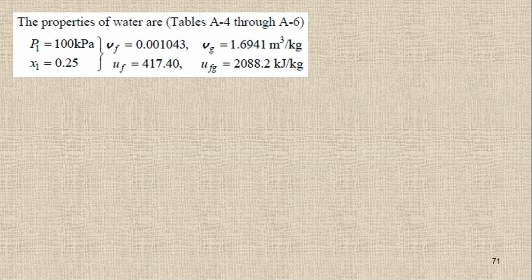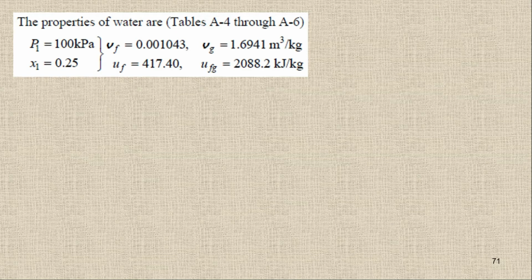VFG or UFG are actually the differences, UG minus UF and VG minus VF. In the case of volume, the difference is very small, so you will get a very low value. So normally in the tables the VFG values are not given, but you can easily subtract: VFG is simply VG minus VF.